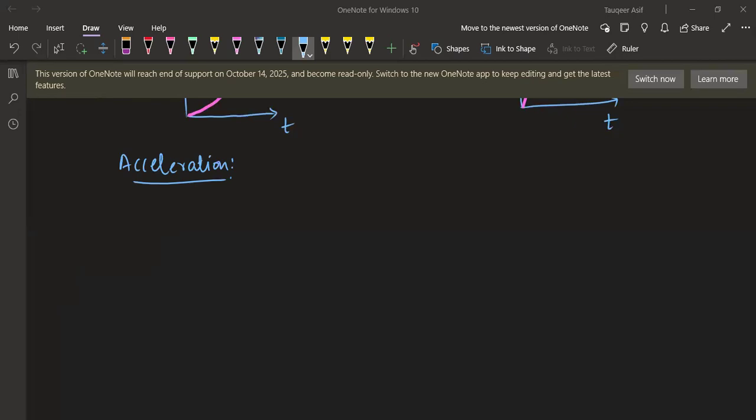No. Remember that acceleration is the rate of change of velocity. Therefore, we say that change of velocity per unit time is acceleration. Clear?